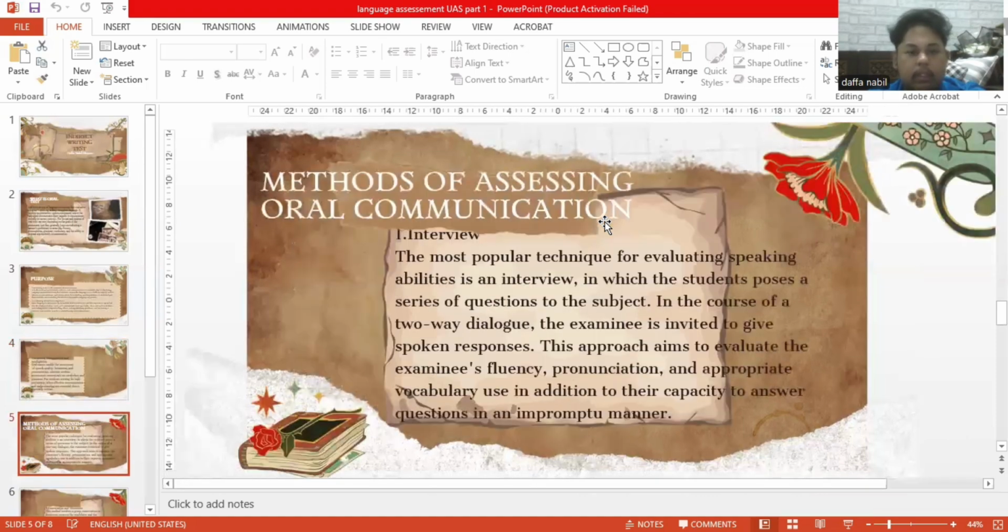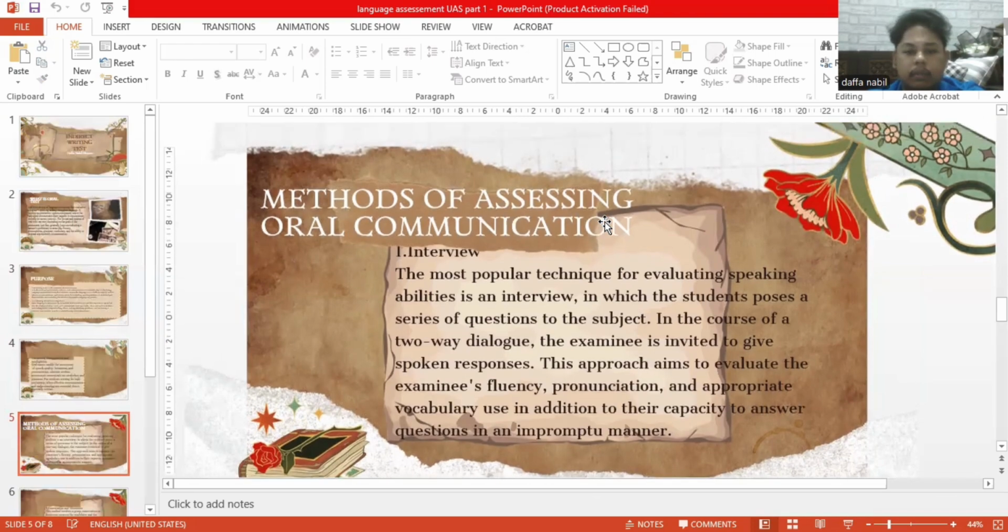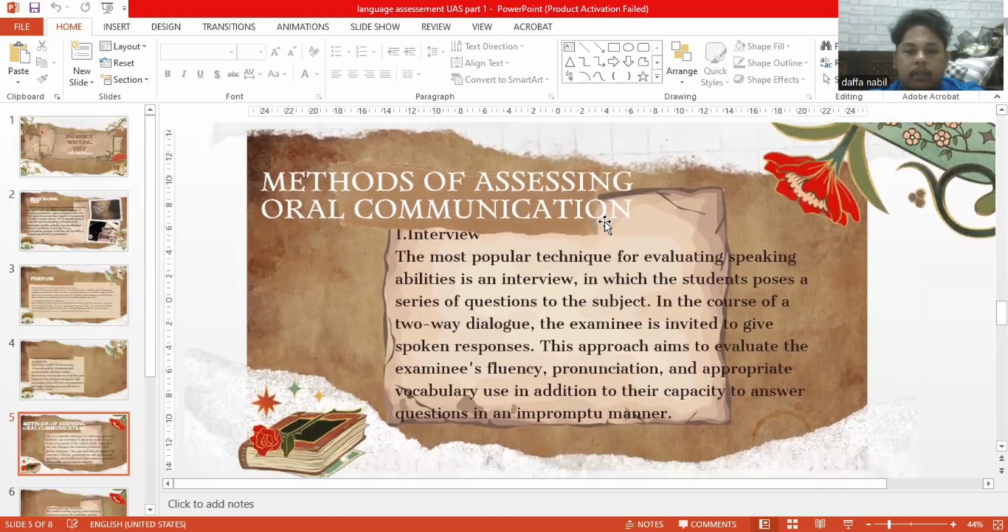Next is the methods of assessing oral communication. The first is interview. The most popular technique for evaluating speaking abilities is an interview in which the examiner poses a series of questions to the subject.